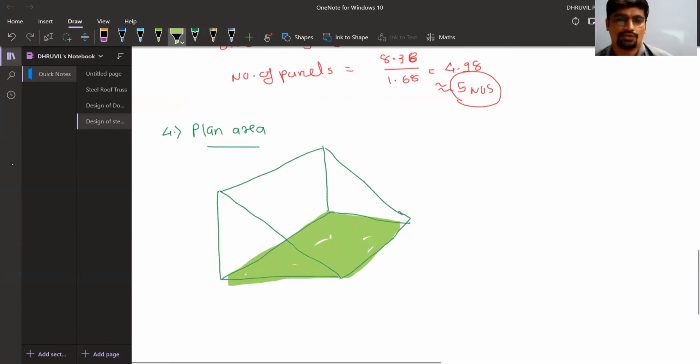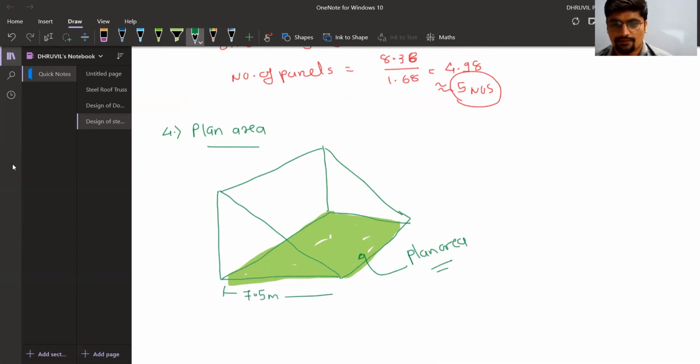This below portion of the roof truss is known as plan area. How can we find the plan area? We know the distance of 7.5 meter, and the spacing of 6 meters.